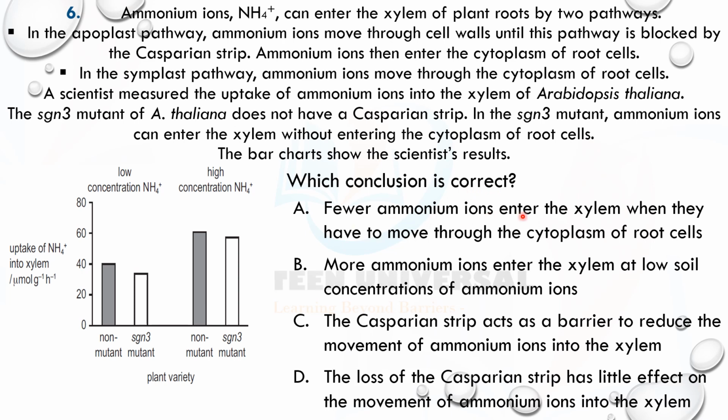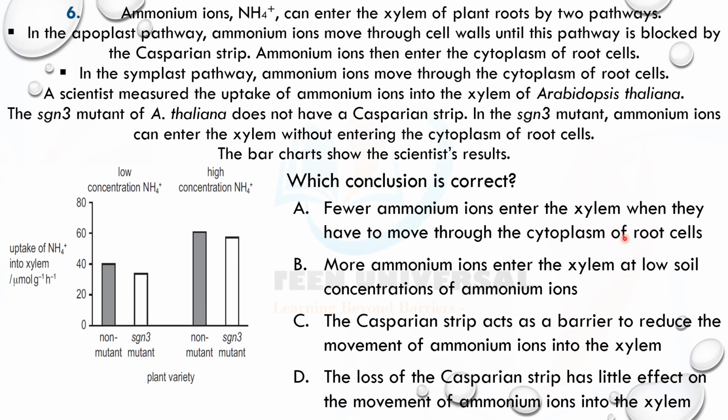Option A: fewer ammonium ions enter the xylem when they have to move through the cytoplasm of root cells.